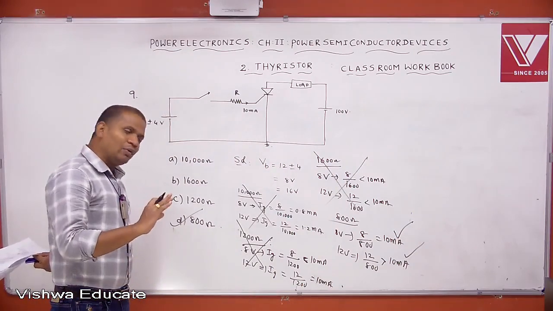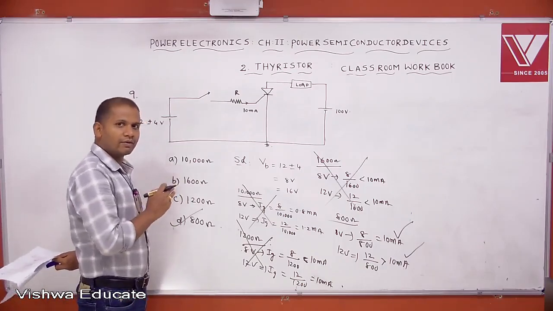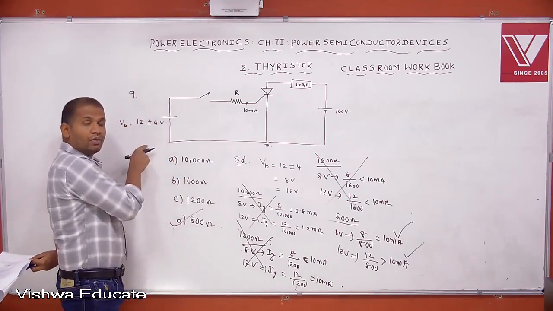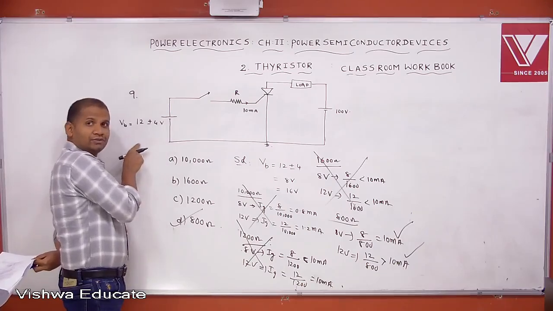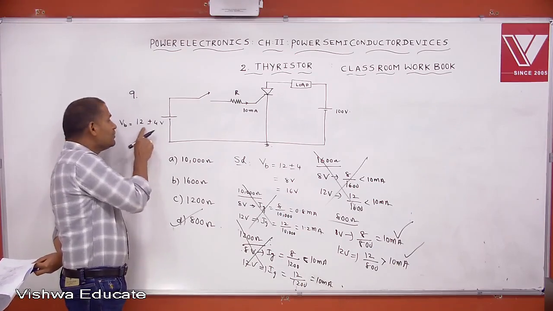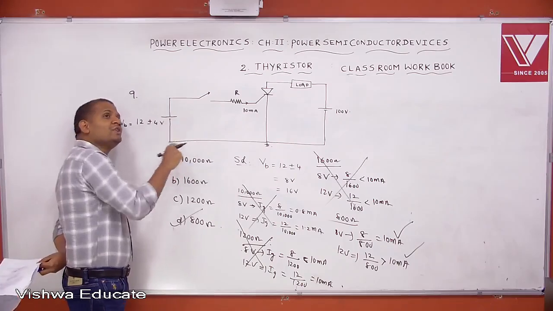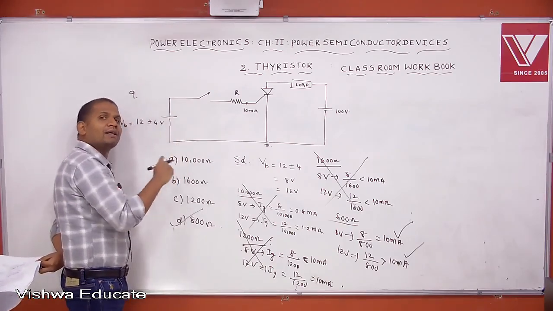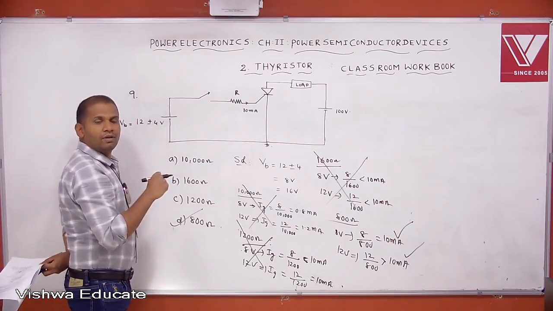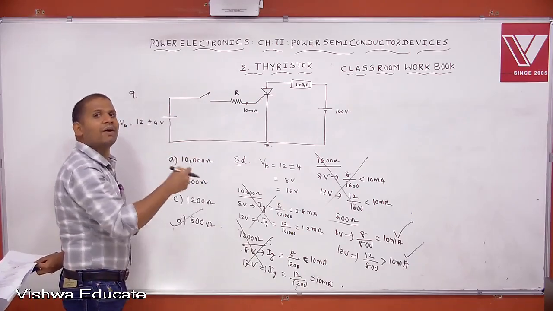Another way is to write the formula directly. You take the minimum voltage. For the minimum of the VB variation, the resistance which gives 10 milliampere or greater is the resistance connected for reliable turn on.